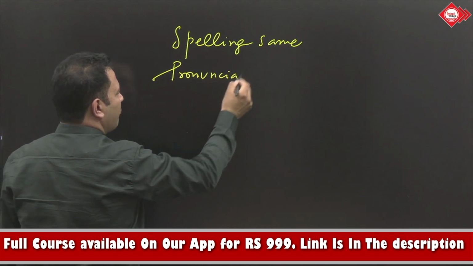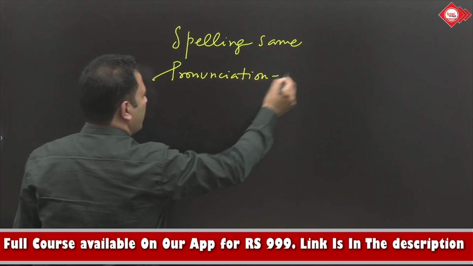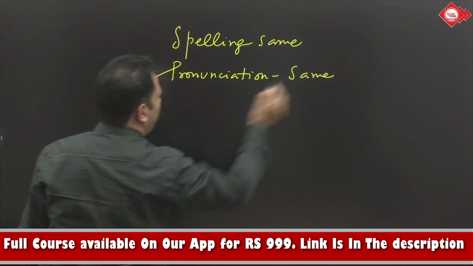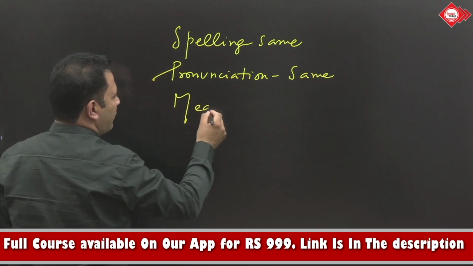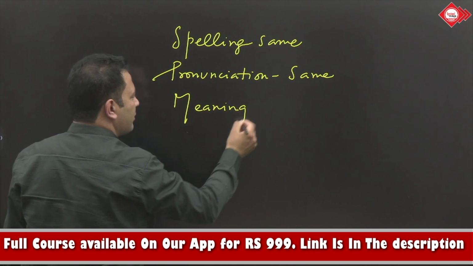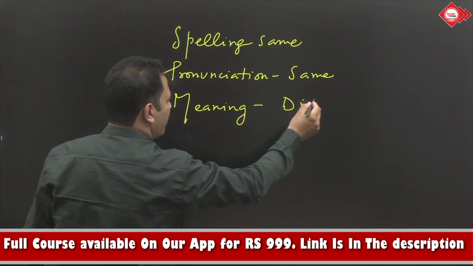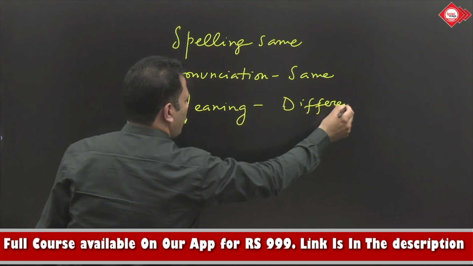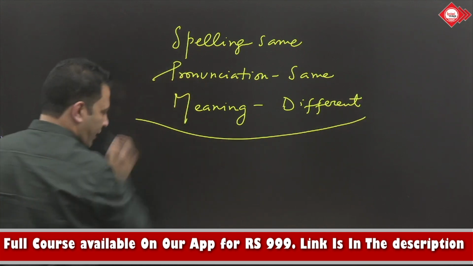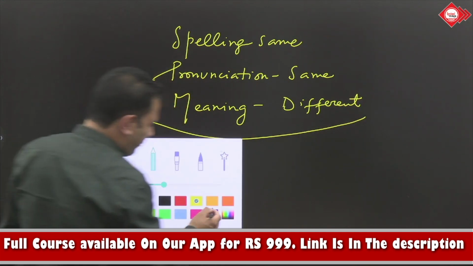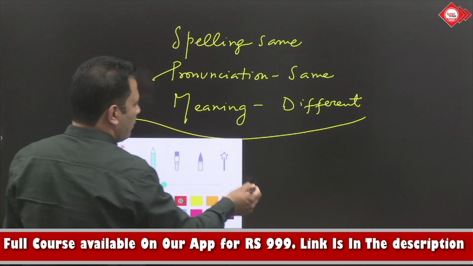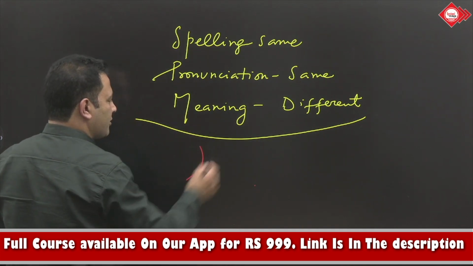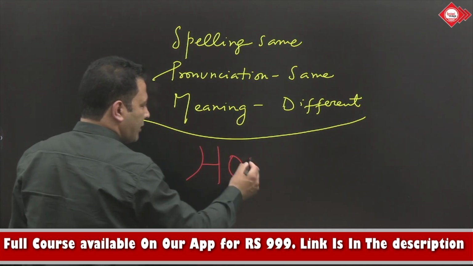Spelling भी same word की, pronunciation भी same word की, लेकिन the meaning is different in context. Meaning is different, my dear friends. We call such words in English as homonyms.